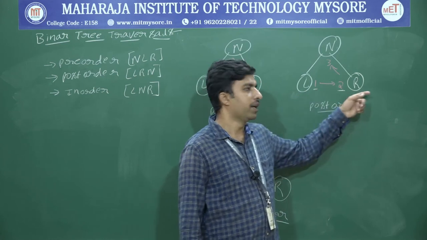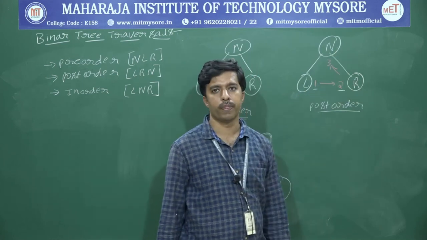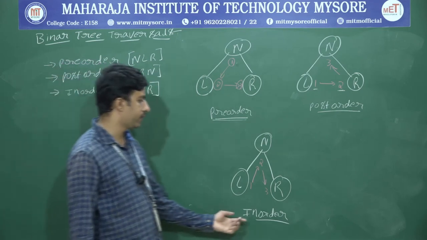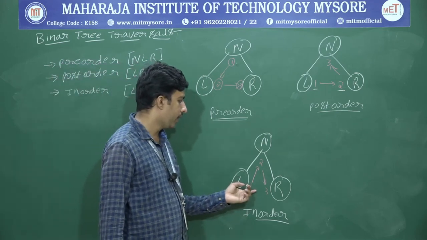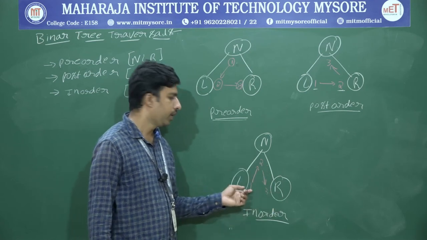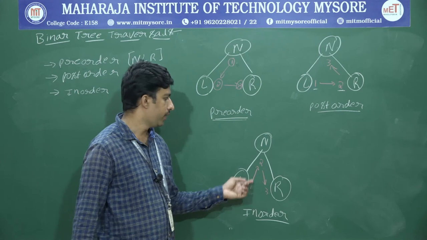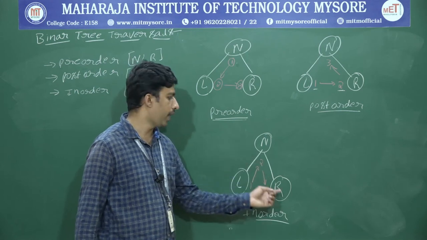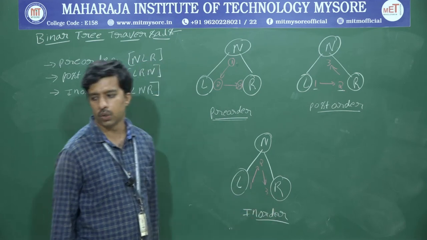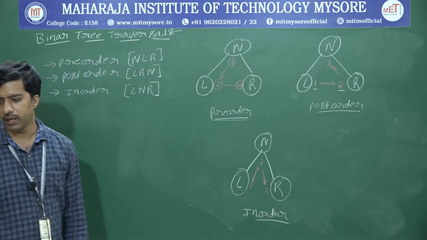Traverse left first, right next, and then the root node. That is post-order traversing. In in-order traversing, you have left first, node next and right next. It traverses to the left, next it processes the root node.